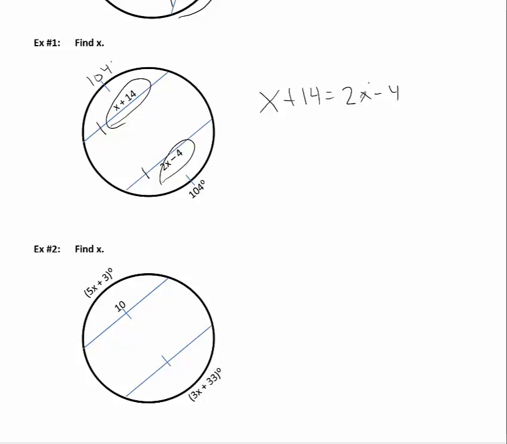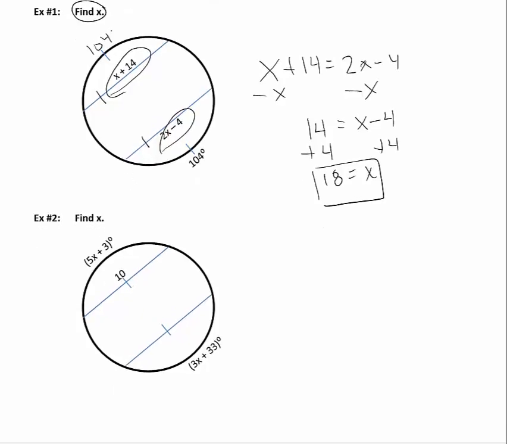The 104 is helping us show that those two arcs are the same, so those two segments are the same. And then we'd have to solve. And since it said find x, we found x.